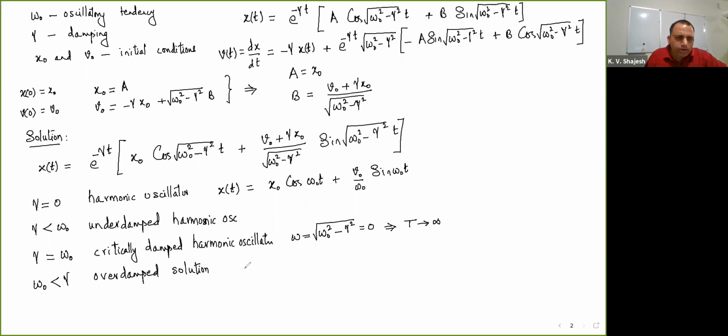And it is the overdamped solution that is used in a car, like the shock absorbers in cars. And a critically damped oscillator is what is used in automatic doors, right?